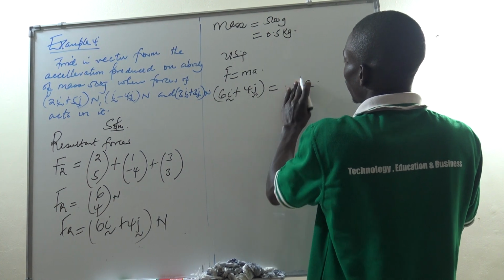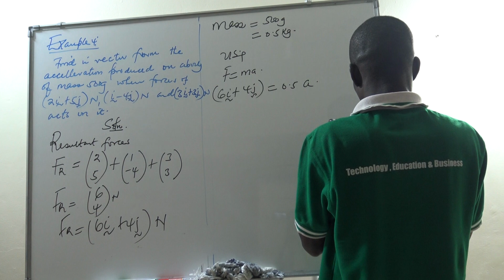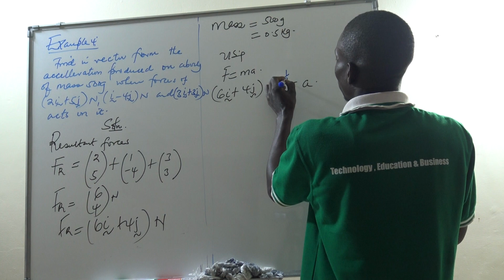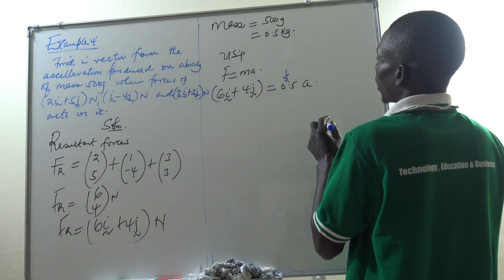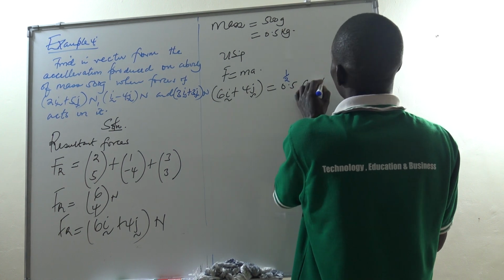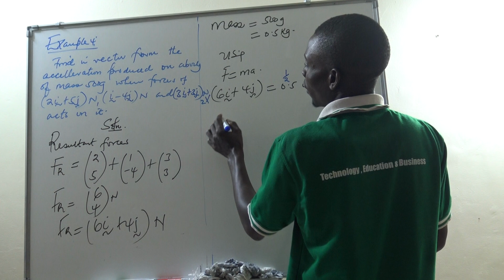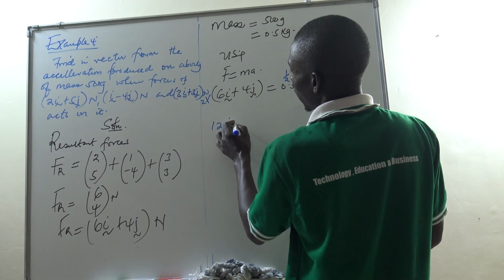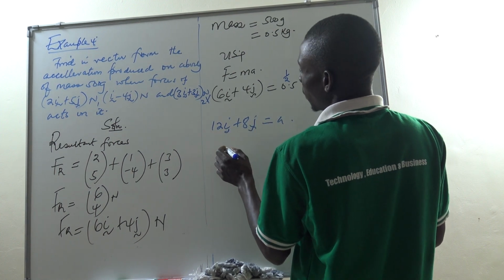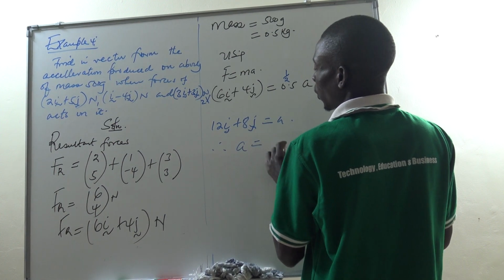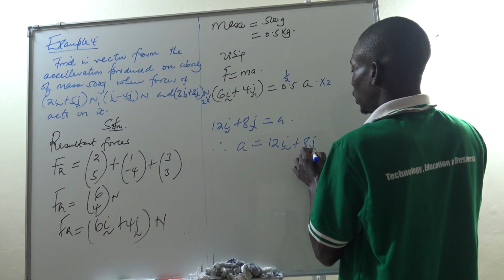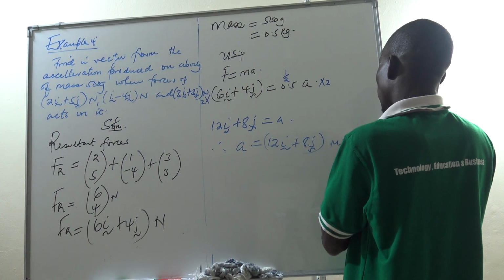Don't forget, 0.5 is equivalent to a half. So it is like now multiplying both sides by a half. You realize that I have here 12i plus 8j equaling a. That means that therefore acceleration equals 12i plus 8j meters per second squared.